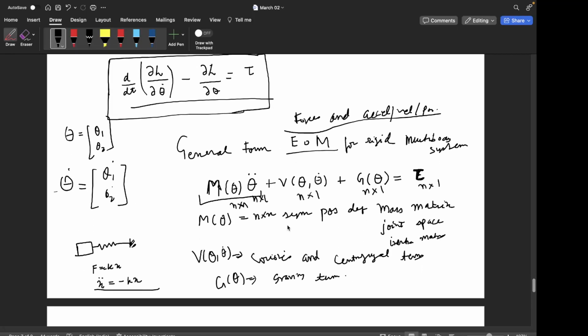And finally, for any rigid multi-body system, the equation of motion can be expressed in this form, in which we have the mass matrix or the joint space inertia matrix, which is a symmetric positive definite matrix. So this is always invertible. The other two vectors are the Coriolis and centrifugal term vector and the gravity effect vector, right?